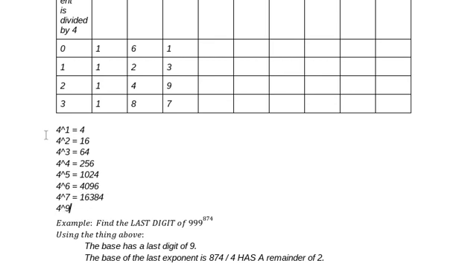Right? So as you can see, no matter how much you times 4 by, the last 2 digits are always going to be 46, 46, right? So the pattern is 4646.